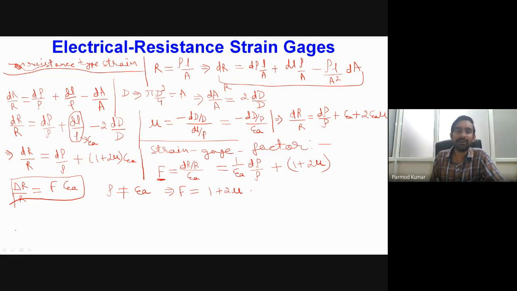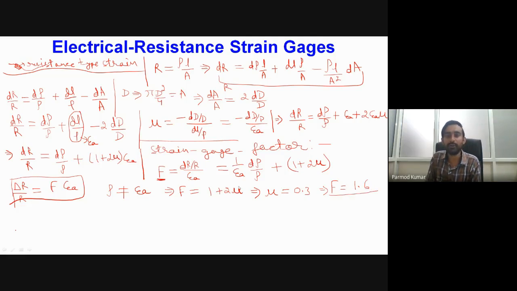Now, within the elastic limit, if the value of Poisson's ratio goes beyond 0.5, we will actually be going to the plastic limit. So in order to limit ourselves within the elastic limit, we generally try to keep the value of Poisson's ratio within 0.3. Corresponding to 0.3 Poisson's ratio, if I calculate the value of F, I will find it nothing but equal to 1.6.